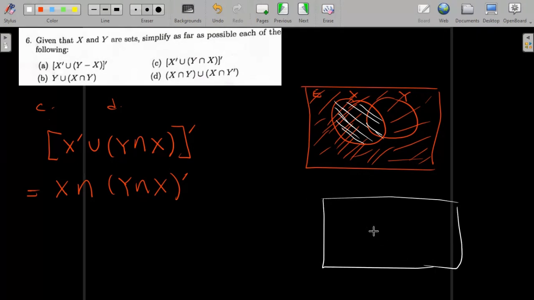To draw it separately, I have 1 and 2, X, Y, and they just cross at this point.